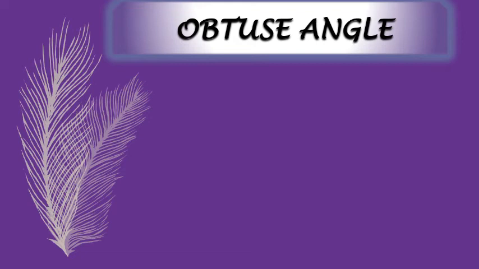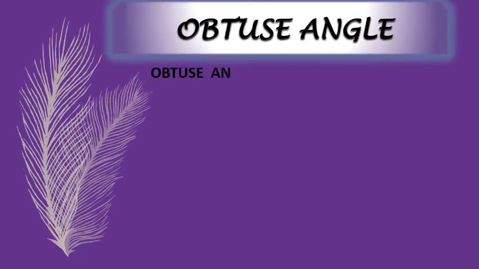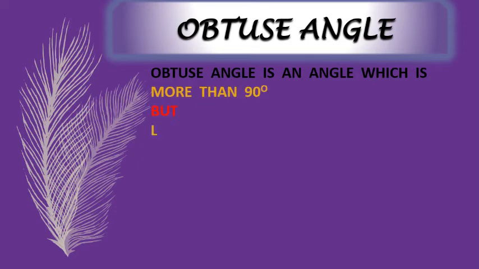Next we have obtuse angle. Now what is obtuse angle? Obtuse angle is an angle which is greater than 90 degree, but it should be less than 180 degree. Means obtuse angle lies between 90 and 180 degree. Let's understand this with an example.